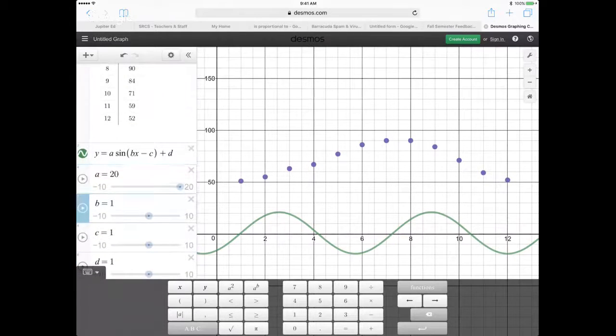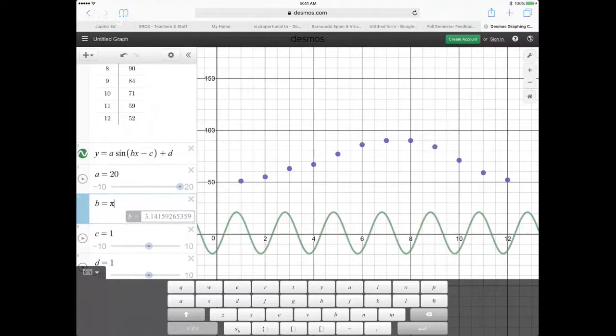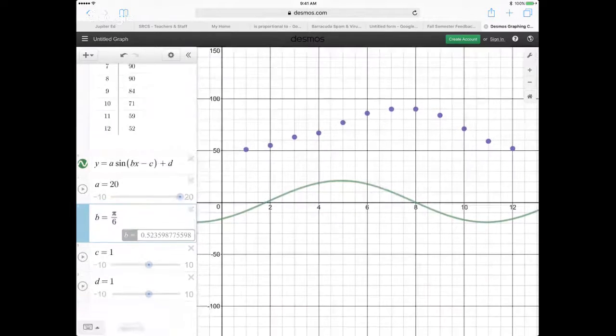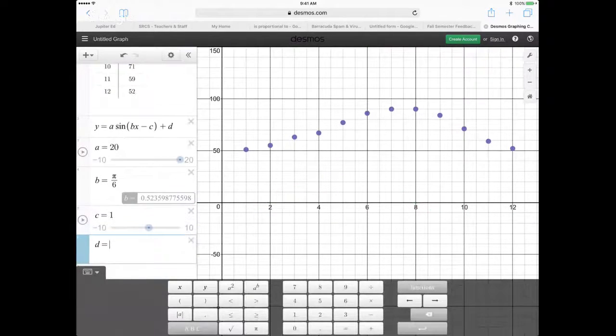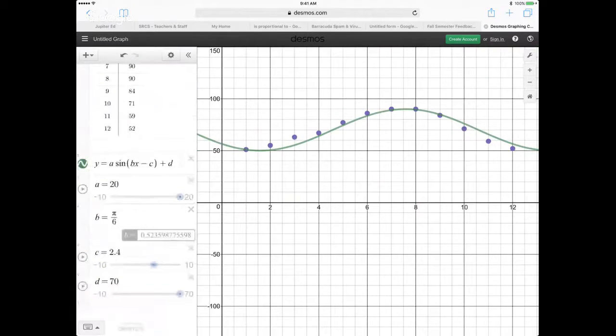So I know that's going to be pi over 6. 2 pi over 12 is pi over 6. That's looking better. And let's see, the midline here is going to be about 70. Looking pretty good. And now I need to move it over. How does that look? Fit-wise, 2.4?